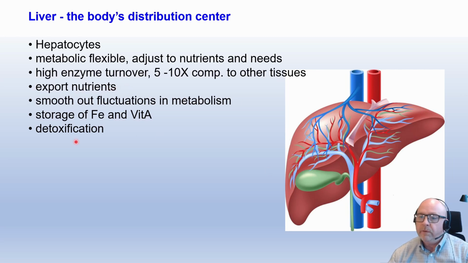The overall role of the liver is to smooth out fluctuations in metabolism or changes in energy levels or nutrients in the bloodstream. Additionally, they function as a storage of iron and vitamin A, and are involved in detoxification of poisons that come into the bloodstream.